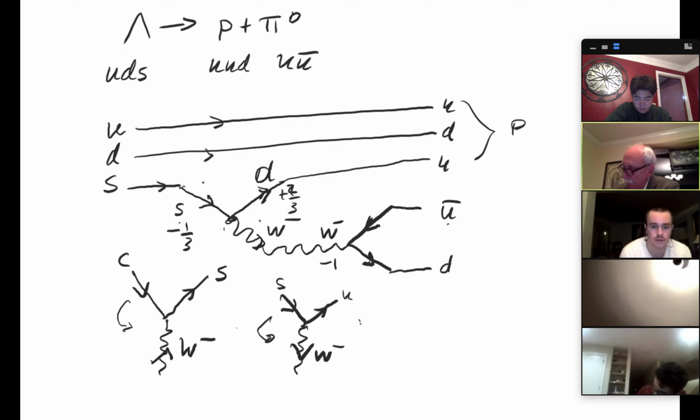And an S is this. So this would have to be a Z0 here.